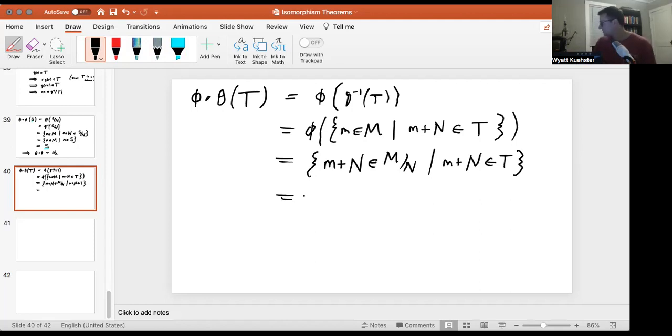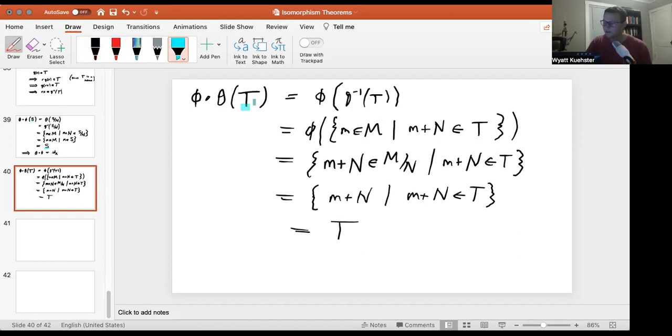So this is just the cosets m plus N where m plus N is in T. But that's nothing but just T. T is a set of cosets anyway.